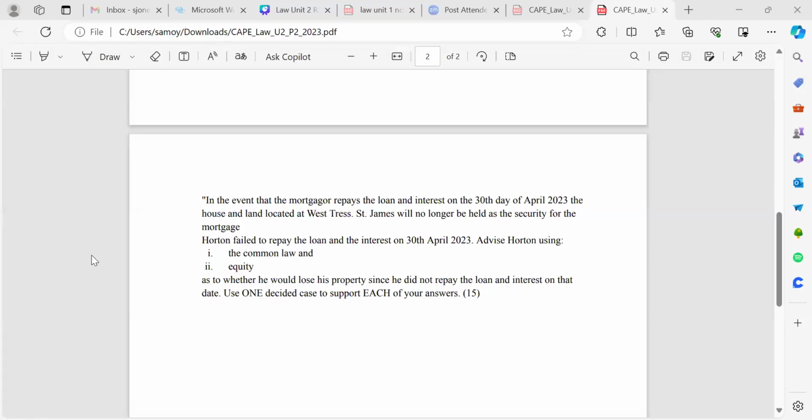Impossibility or illegality, right, is one of the key elements of frustration. I think there are three, if I'm not mistaken. Trent and Keandre can correct me. I think it's unforeseen events, radical change, and impossibility or illegality. But impossibility or illegality is that the event must render the performance of the contract impossible, illegal, or impracticable.